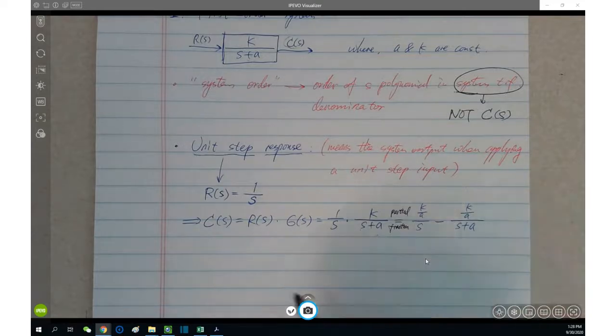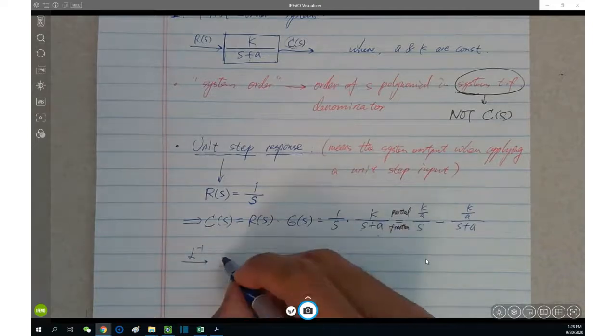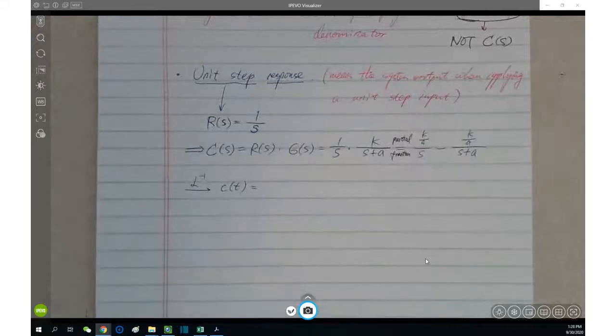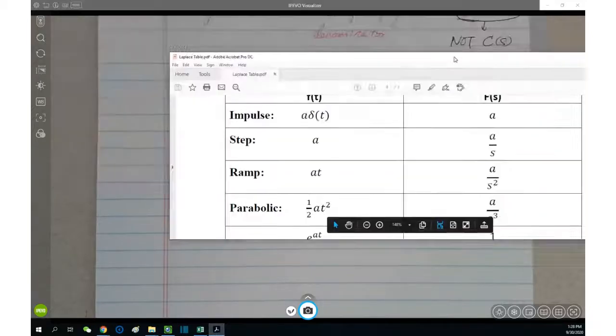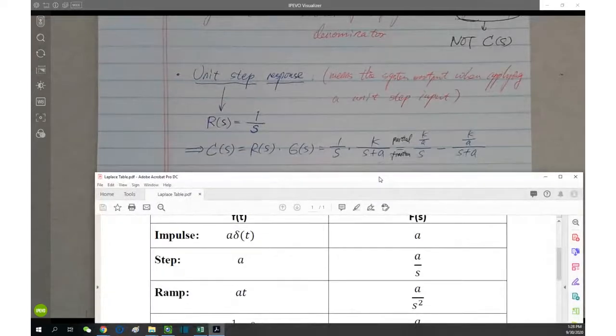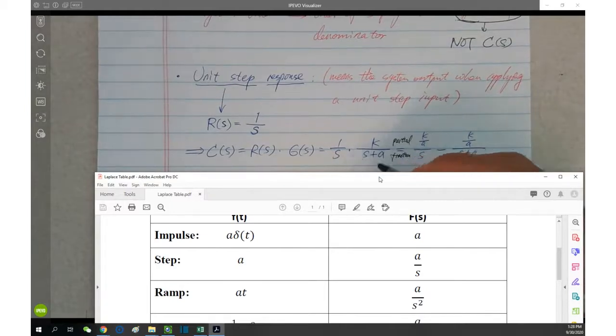From this partial fraction result, we can apply the inverse Laplace transform. So lowercase c of t equals what? We need this table. By observing this table, you can easily tell this is K over a minus K over a times e to the negative a times t.